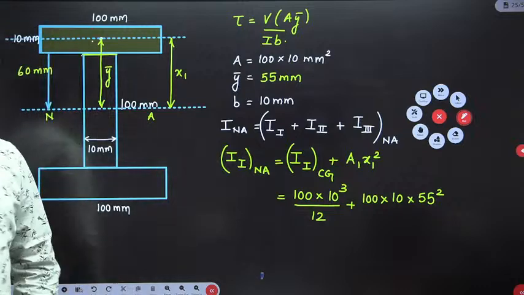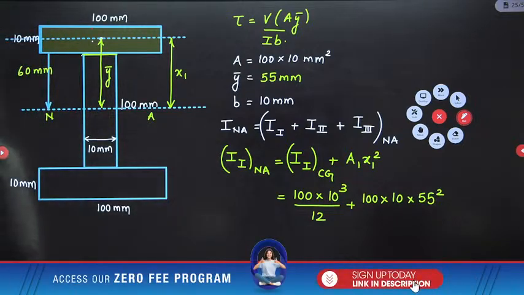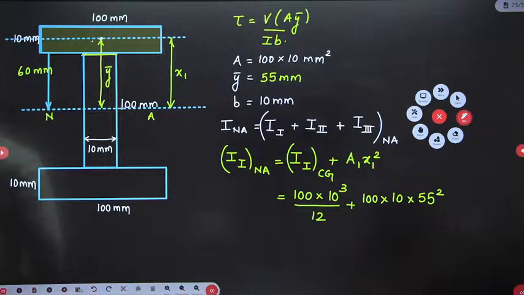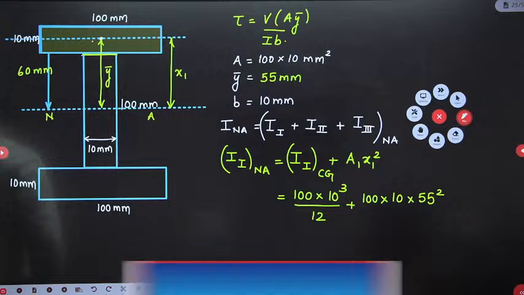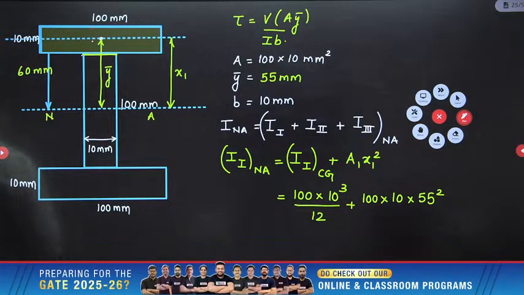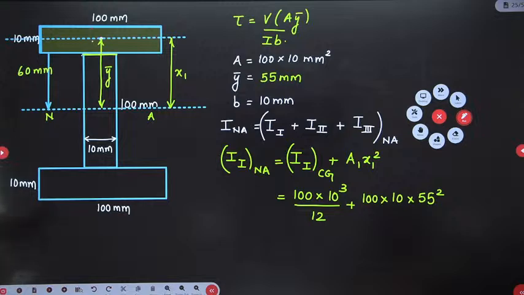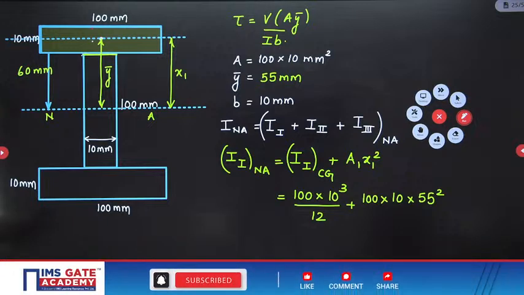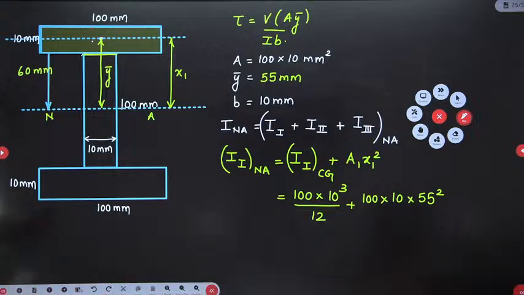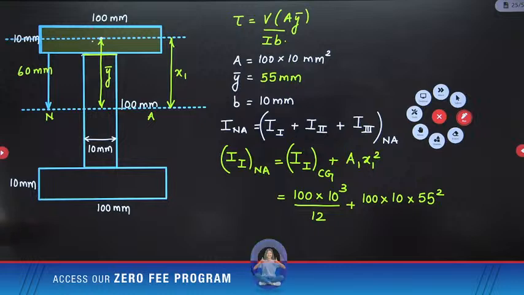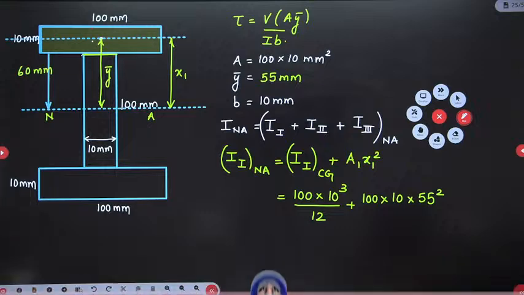Please calculate the moment of inertia of the first rectangle. Do it quickly. So, this will be 3033.